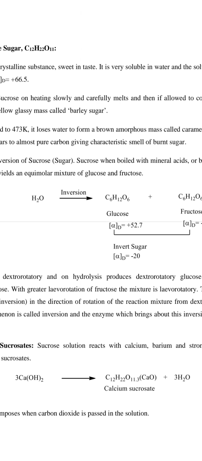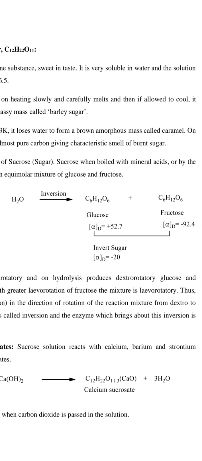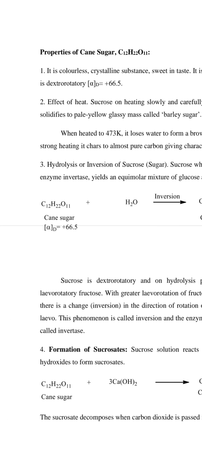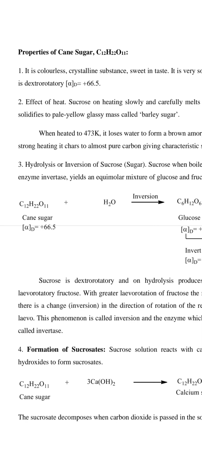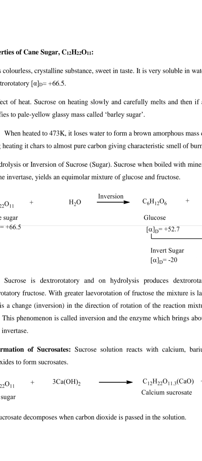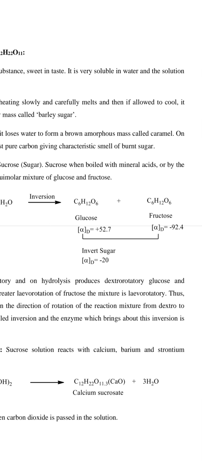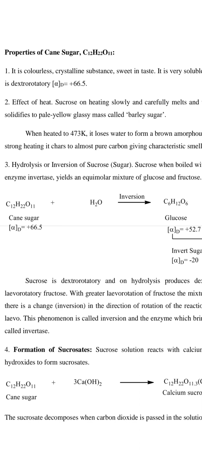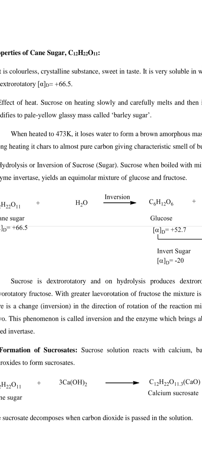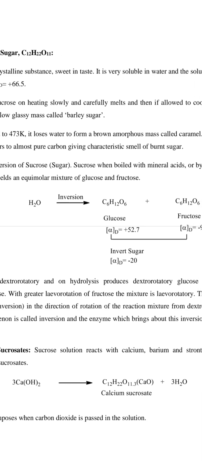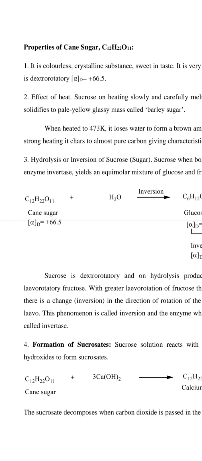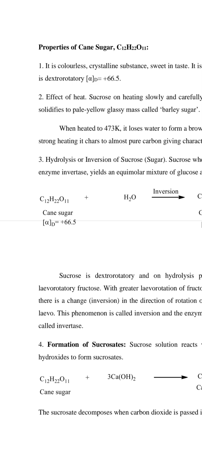With the greater levorotation of fructose, the mixture is levorotatory. Thus, there is a change, an inversion, in the direction of rotation of the reaction mixture from dextro to levo, and this phenomenon is called inversion, and the enzyme which brings about this inversion is called invertase enzyme.